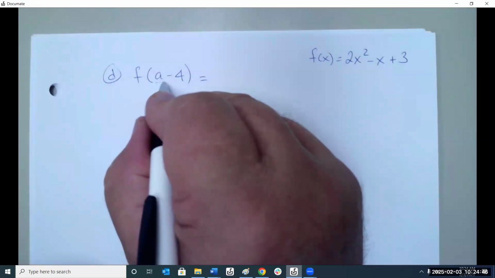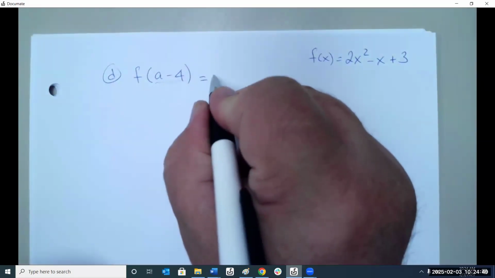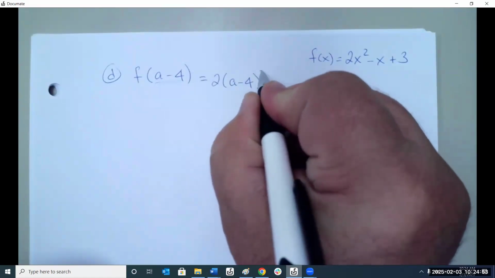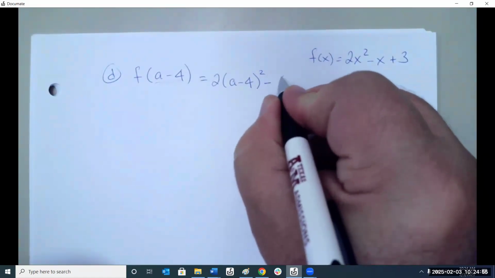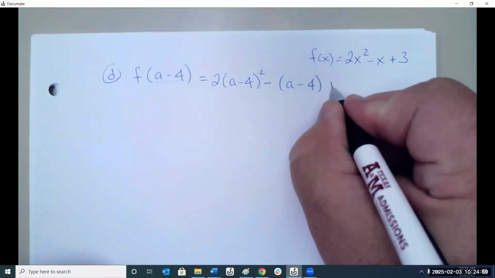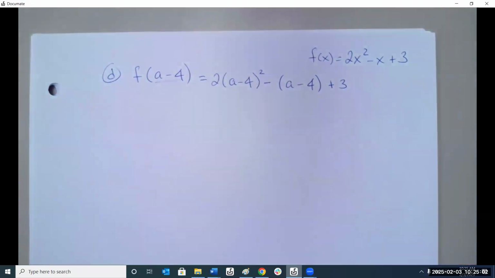So anywhere I see an x, I put this expression. So it's 2 times (a minus 4) squared minus (a minus 4) plus 3. Anywhere I see an x, I put the a minus 4.